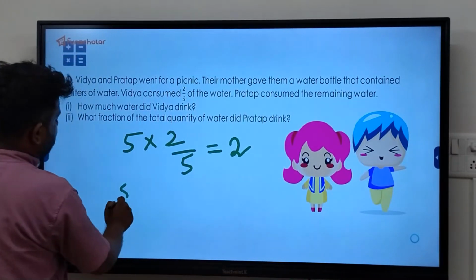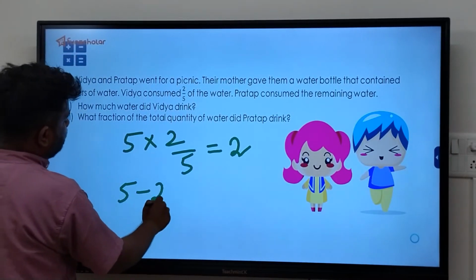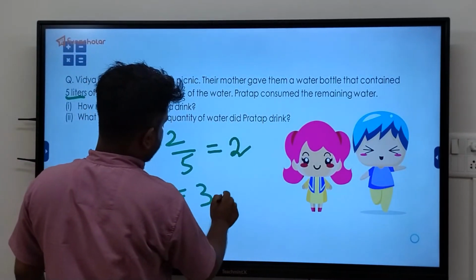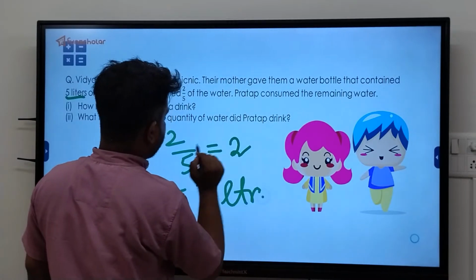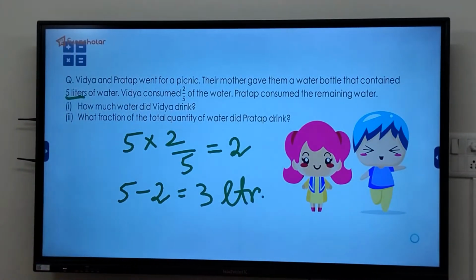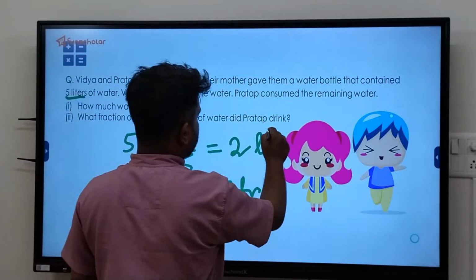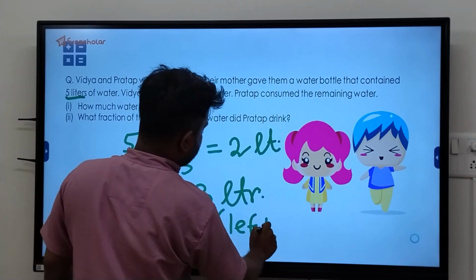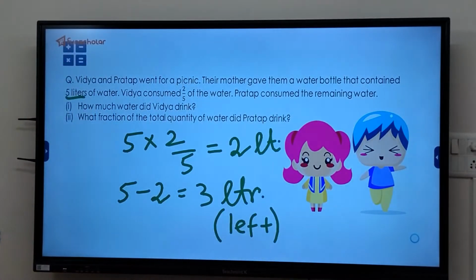How much water is left now will be 5 minus 2, because the total water was 5 liters. So 3 liters of water are left. Okay, so how much water did Vidya drink? Vidya drank 2 liters of water. How much water is left now? 3 liters. What fraction of the total quantity of water did Pratap drink?